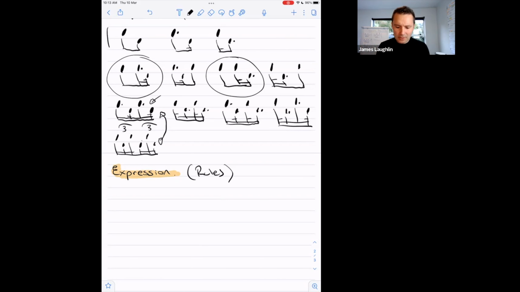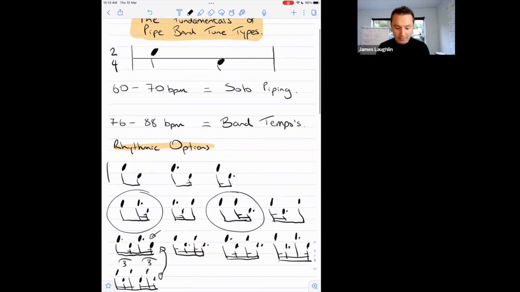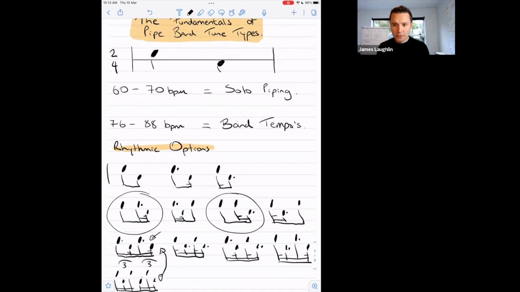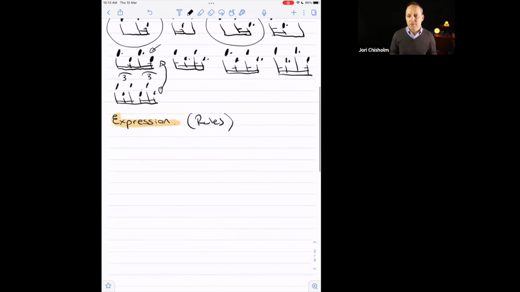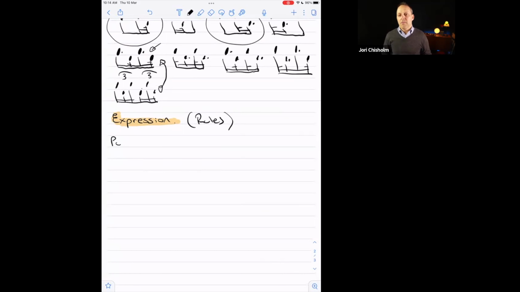So we're not going to jump deep into that, but with the expression, Jori, if we take say the basic, if we go right up to the top and you've got your quarter notes, if we were to teach someone, hey, this is the basic pulsing of a 2/4, what would it be? So pulsing is a term we use for emphasizing certain notes in the tune.